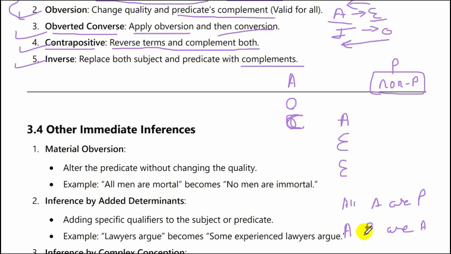So we say all non-P are non-A. We will look at it in more detail. In inverse, we replace both the subject and the predicate with complements. With examples, it will become more clear for contrapositive and inverse.